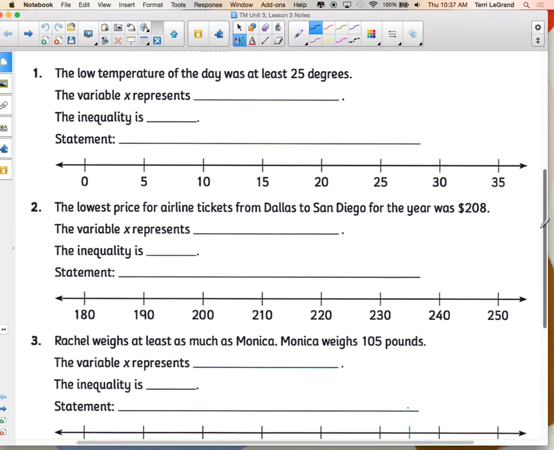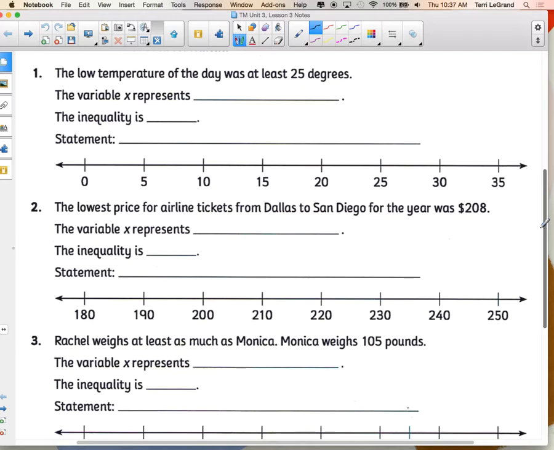Okay? So our number one, the low temperature of the day was at least 25 degrees. So the variable in the inequality is going to represent what in this problem? What can change? What can help form our group? What would the variable represent in this one?